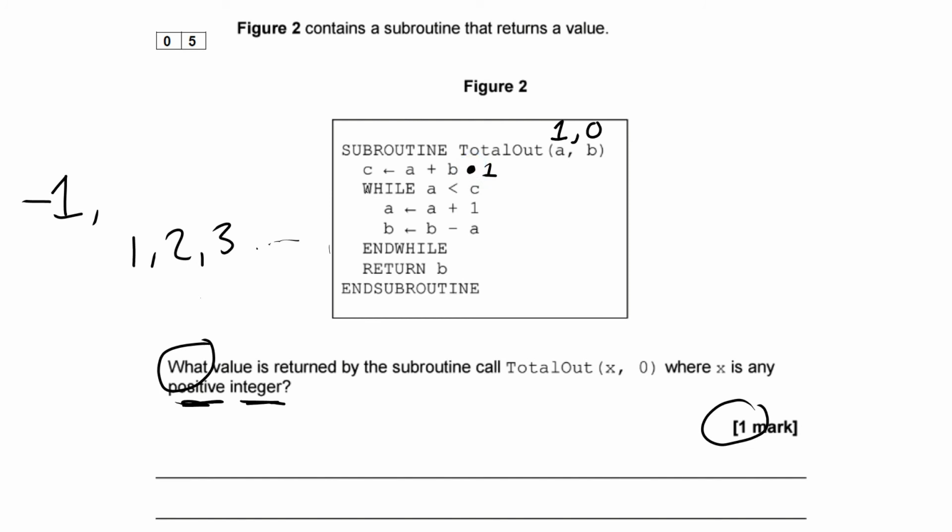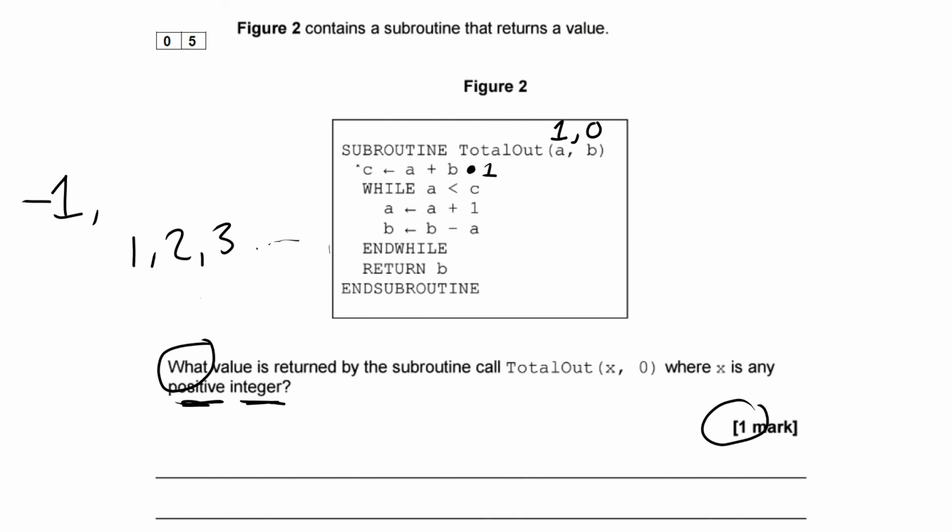Then it says while A is less than C. To make this true, A needs to be less than C. So A is 1 and C is also 1. Hopefully we're getting a bit of a clue now as to what might happen.